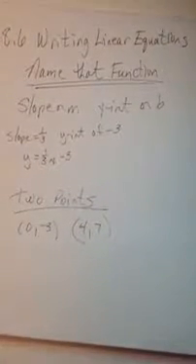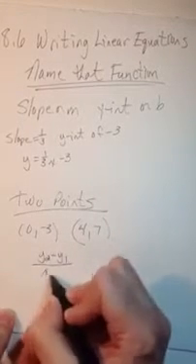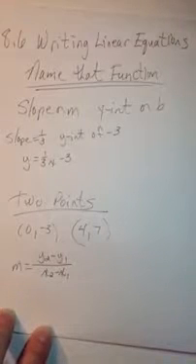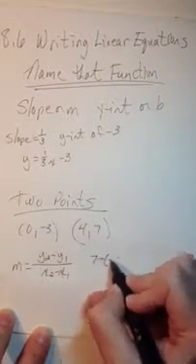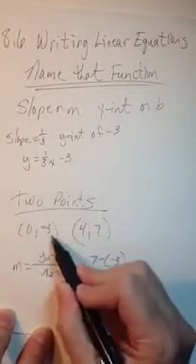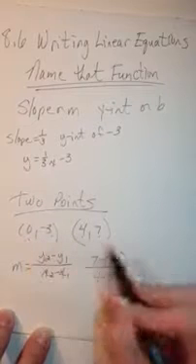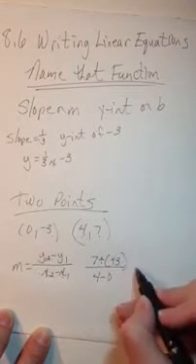2 points. Now, what do I have to do? y2 minus y1 over x2 minus x1 gives me my slope. And here we got into a little bit of trouble, so this will be 7 minus -3, y minus y, over x minus x. So minus a negative, plus a positive, that's the gain in disguise.